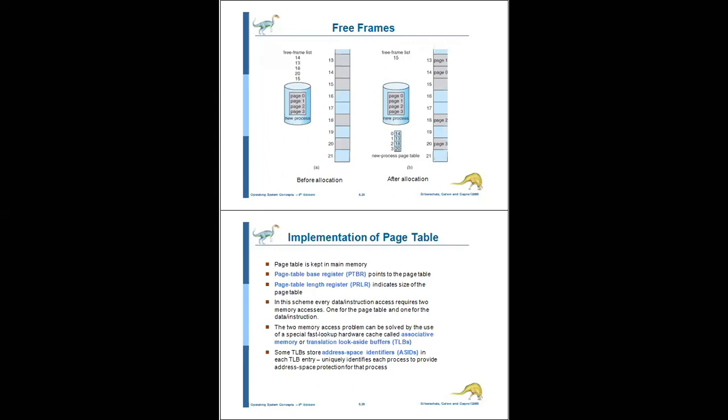At least n frames must be available. Here there are 5 frames in the frame list, but at least 4 are needed, so the free frames will be available in the free frame list only. Is it clear? Are there any doubts about the free frame concept?